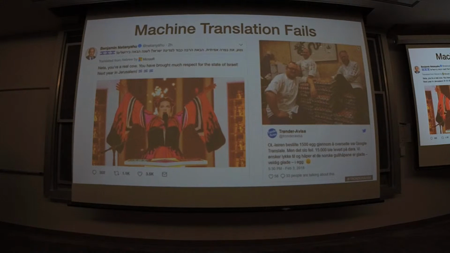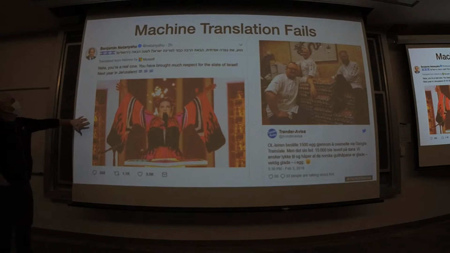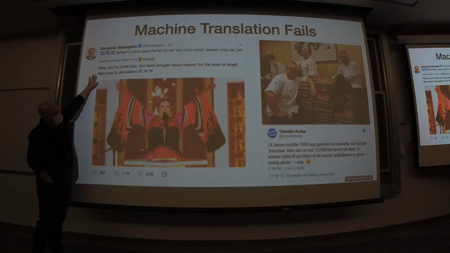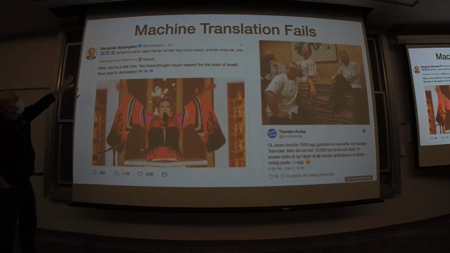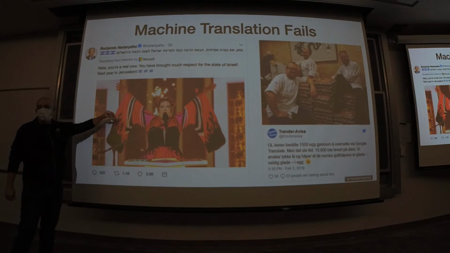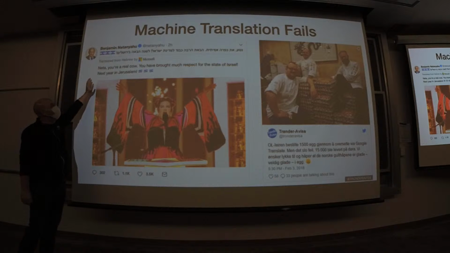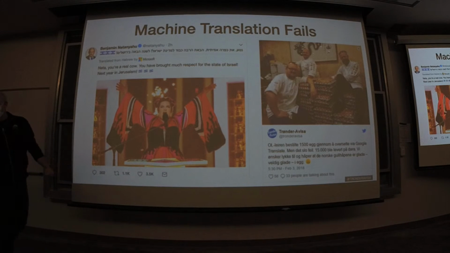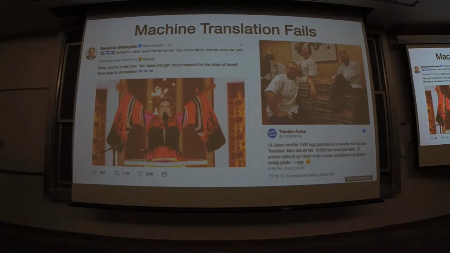This can get really bad. Public figures can have this happen. This is actually from not too long ago. This is translated by Microsoft's best translation systems, and this famous Israeli singer gets praise from the Prime Minister, and he says, "You're a real cow." I have no idea why it would say cow.